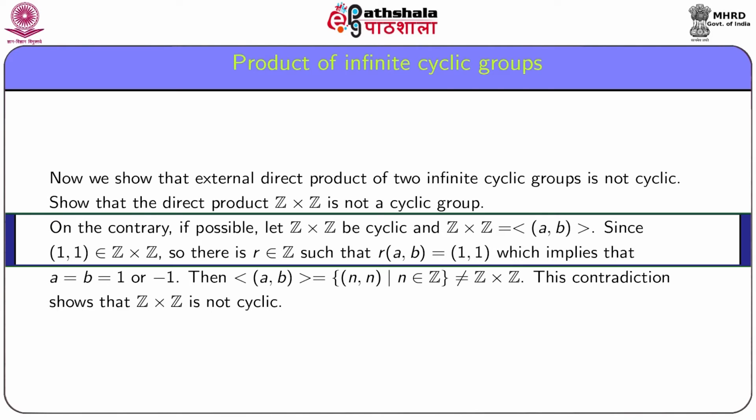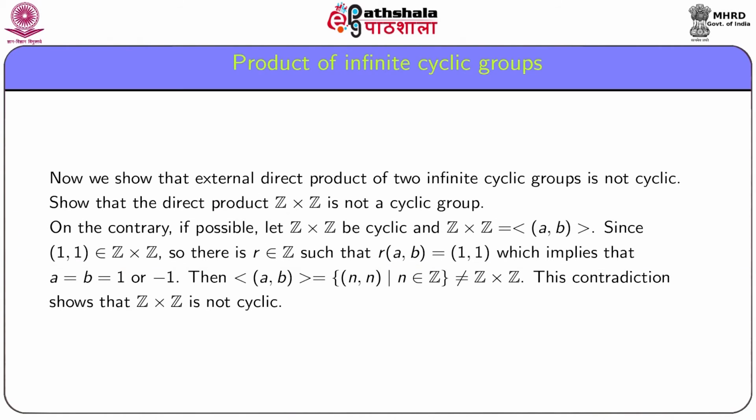On the contrary, if possible, let Z cross Z be cyclic and generated by (a, b). Then the element (1, 1) of Z cross Z is r times (a, b) for some integer r, which implies that ra is equal to 1 and rb is equal to 1, and this implies that either a equals b equals 1 or a equals b equals minus 1.